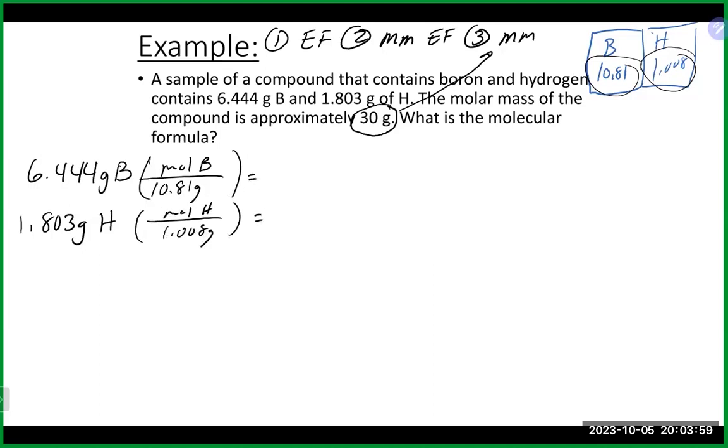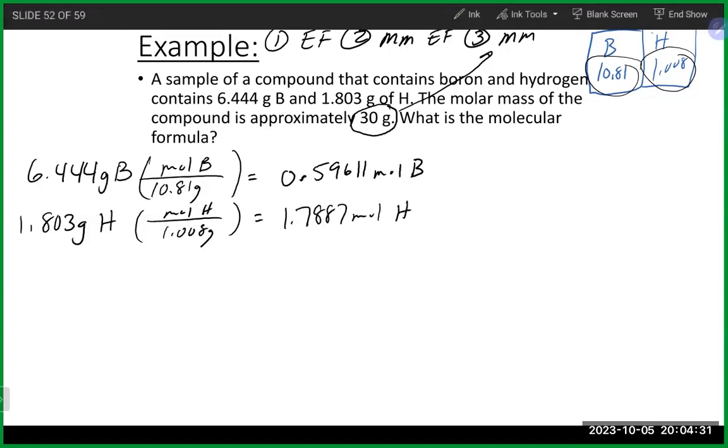That's going to give us our moles of boron to be 6.444 divided by 10.81, which is 0.59611 moles of boron. For our hydrogen, 1.803 divided by 1.008 is going to get us 1.7887 moles of hydrogen. Any questions so far?